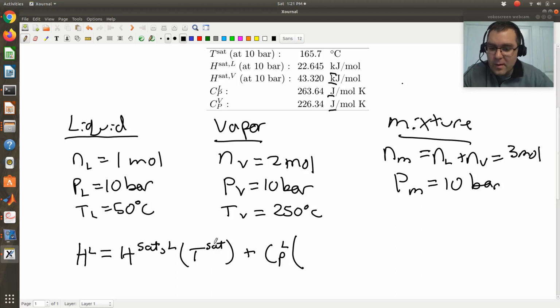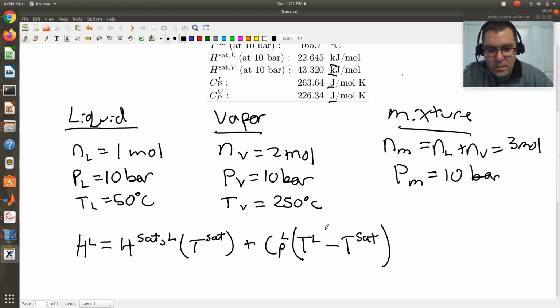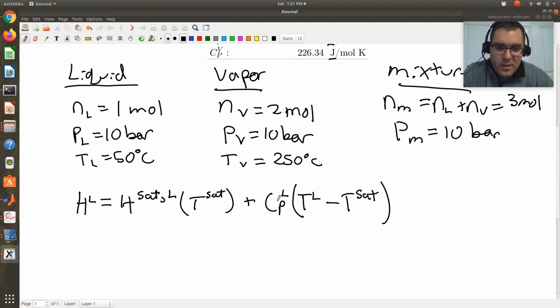Well, no, I take it back. That's my initial temperature. My final temperature is TL. So this will be TL minus Tsat, right? It's just a little confusing because TL is actually less than Tsat. Okay, and I'll just be careful of my units.